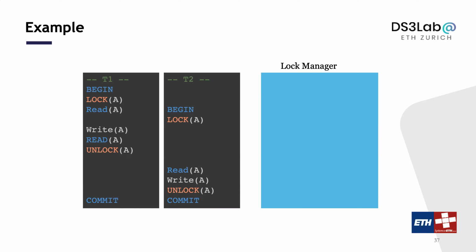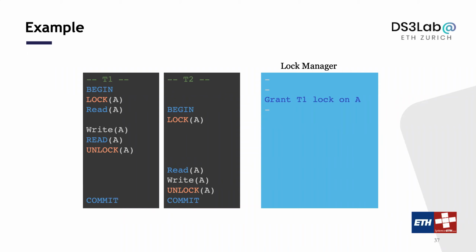When you lock something, you talk to the lock manager to say, okay, I want to lock this object A in T1, for example. And the lock manager is going to check, is there any other transaction holding the lock? Here it doesn't seem to be the case, so the lock manager is going to give T1 the lock on A. And then T1 can do whatever it wants on A, right?